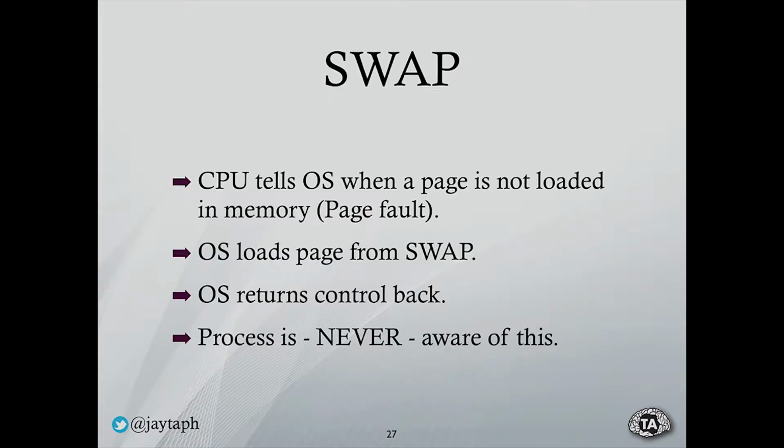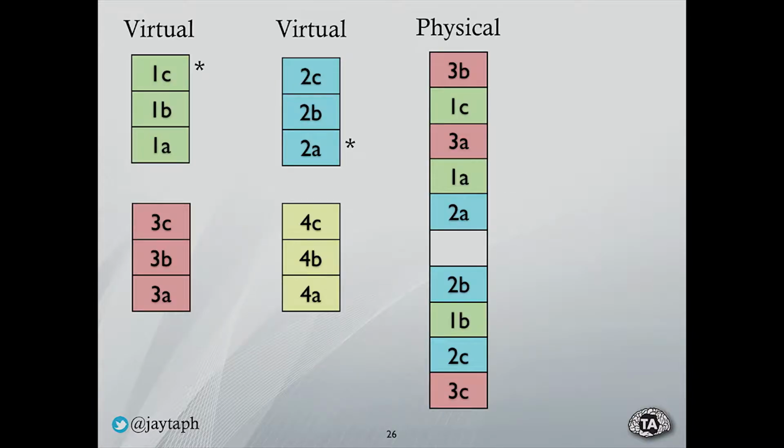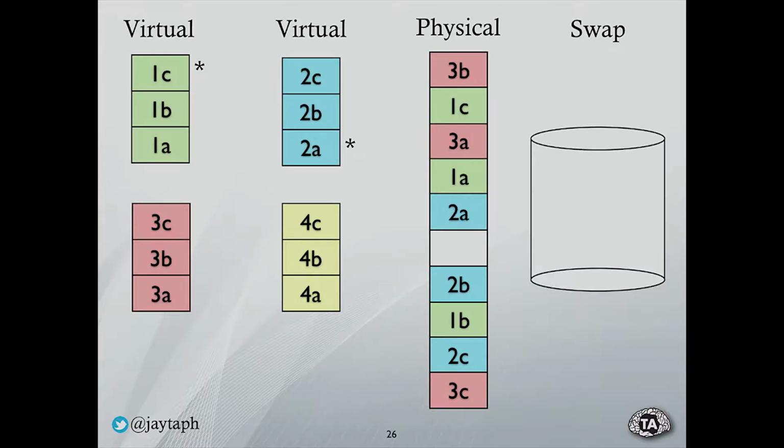When this happens, let's say that we have our application 4 in. And now application 2 needs to access block 2A. That's possible because the application doesn't know anything about swapping, but 2A is not in physical memory.